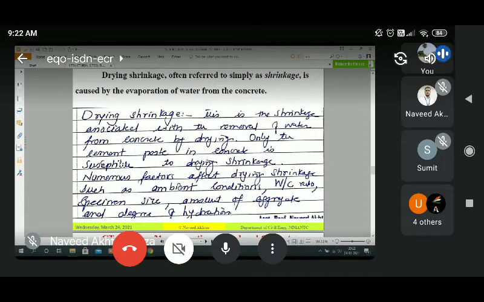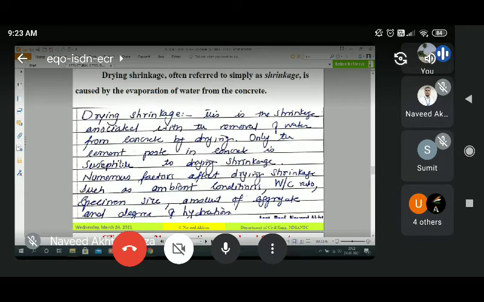Numerous factors affect drying shrinkage, such as the climatic condition, or you can say the ambient conditions during the production and curing of your concrete, water to cement ratio, size of your specimen, amount of aggregate, and degree of hydration.